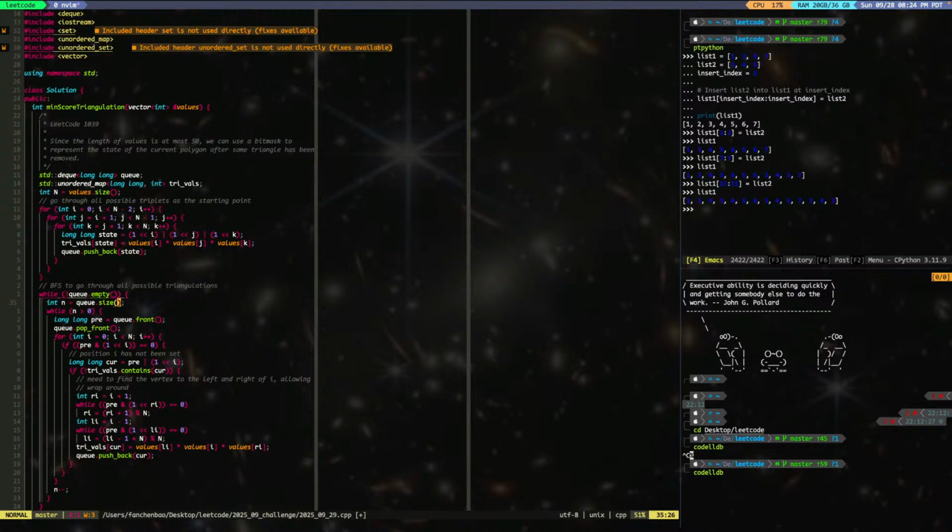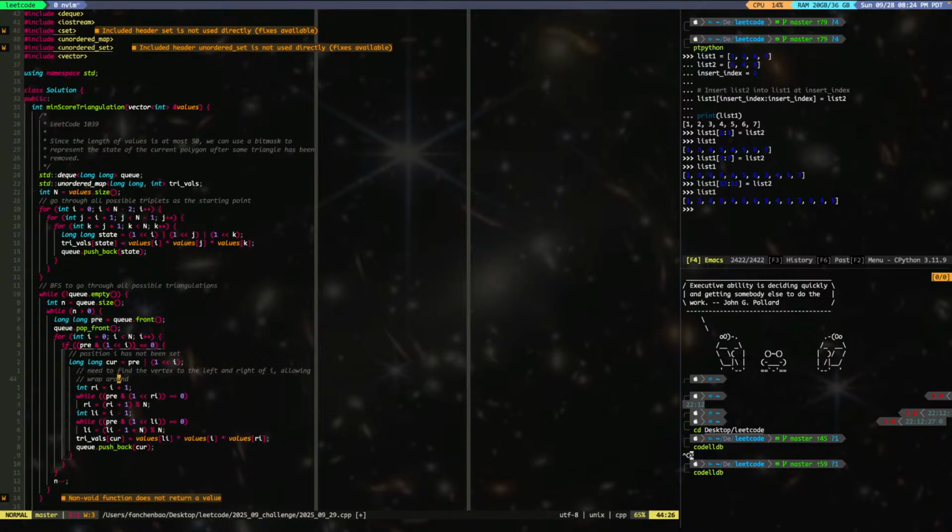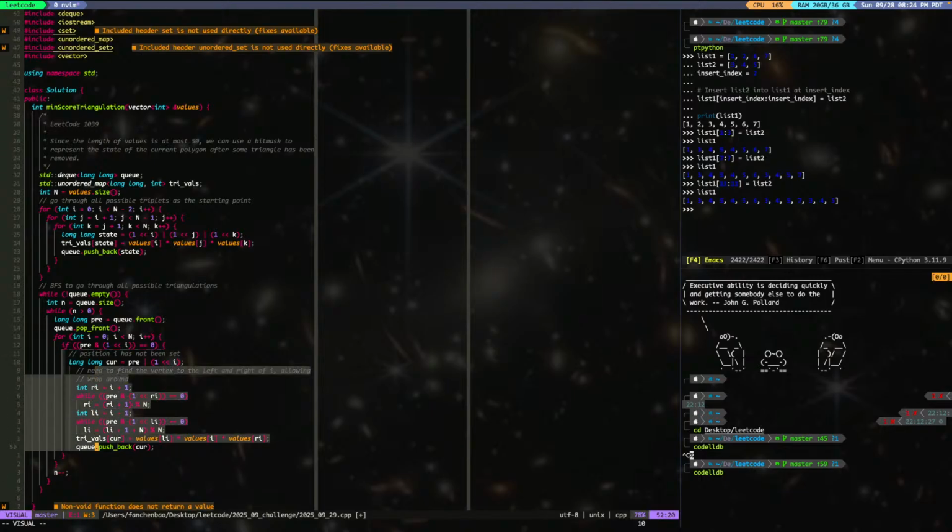What we want is to keep track of the minimum of them, because I want the minimum. So this is actually not right. I'm going to remove this. So if this is not, I get a current and I need to find the vertex.